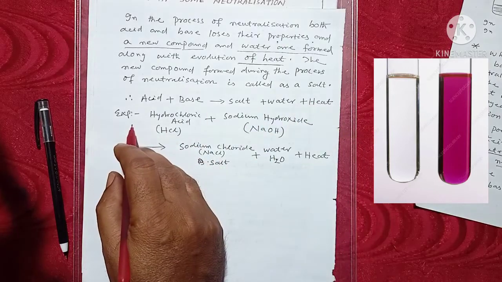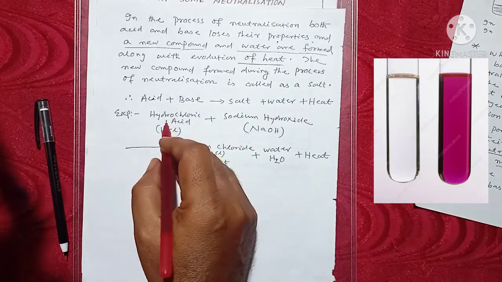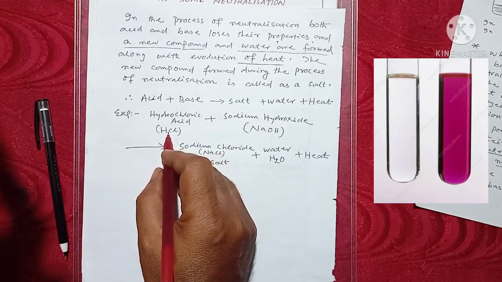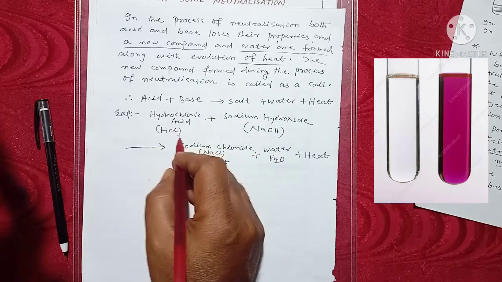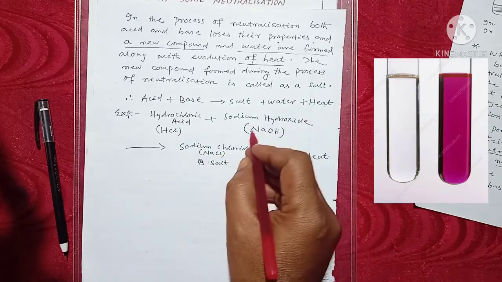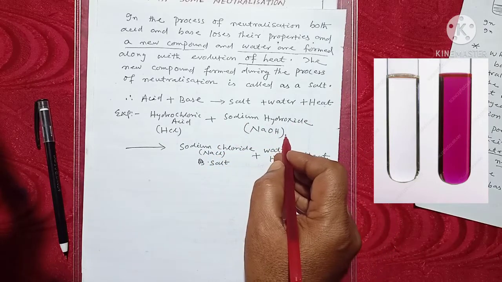For example, here we have taken hydrochloric acid, whose chemical formula is HCl. Sodium hydroxide, a base, has the formula NaOH.